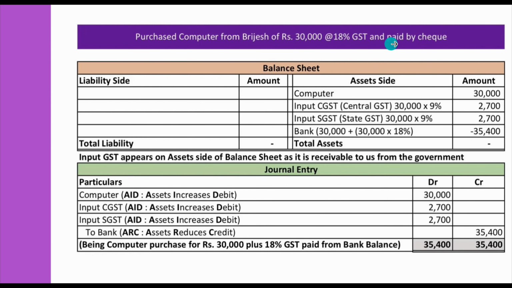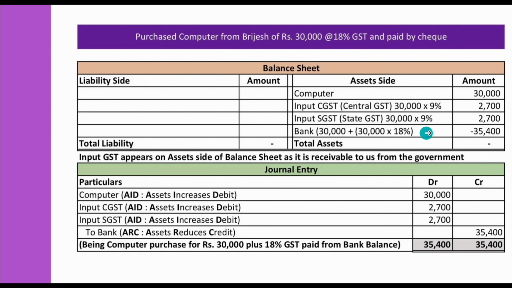And the same is paid by check. So the bank balance will reduce by 35,400. That is 30,000 for the computer plus 30,000 into 18%. So 30,000 plus 2,700 plus 2,700 minus 35,400. So total asset is 0 and total liability is also 0 and our balance sheet tallies.